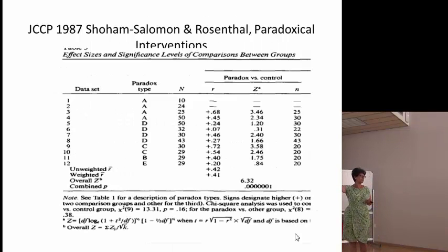And here's an example. This is from the Journal of Consulting and Clinical Psychology. It's also quite old because it was sort of the only meta-analytic game in town when this was developed. Essentially, this was based on correlational data, but the correlational data are converted to z-scores.